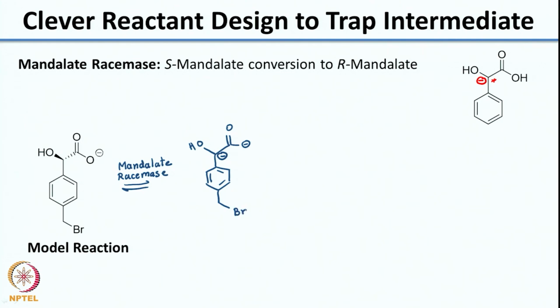Now, once you form this anion, it is in conjugation with the aromatic ring. This is a hint I am giving you. If you did not get the answer earlier, now think of drawing the resonance structures possible for this and trying to push the arrows starting from the carbanion into the aromatic ring. So, what will you get?